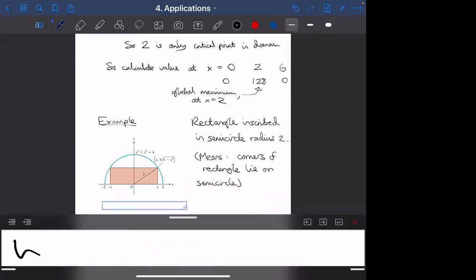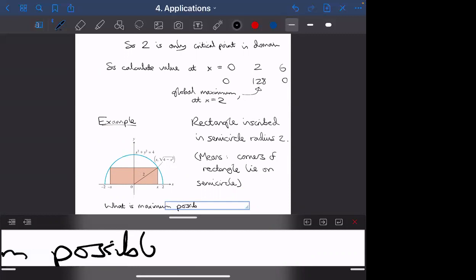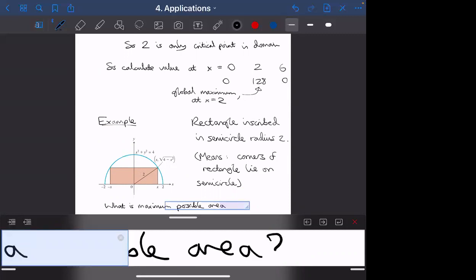So question, what is the maximum possible area?